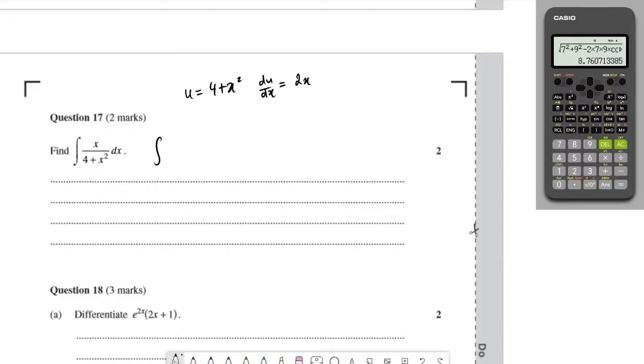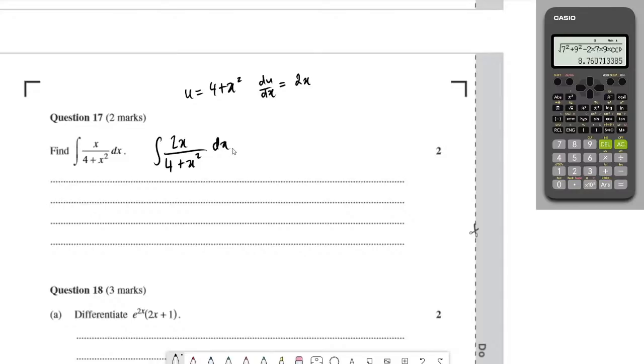So to do that, we're going to multiply the function by 1. Now how we've multiplied that by 1 is a little bit sneaky. What we're going to do is multiply the top of the function by the number that we need to get it to. So we need to get it to 2x. So I'm going to multiply the top of the function by 2x. I'm going to get 2x over 4 plus x squared dx.